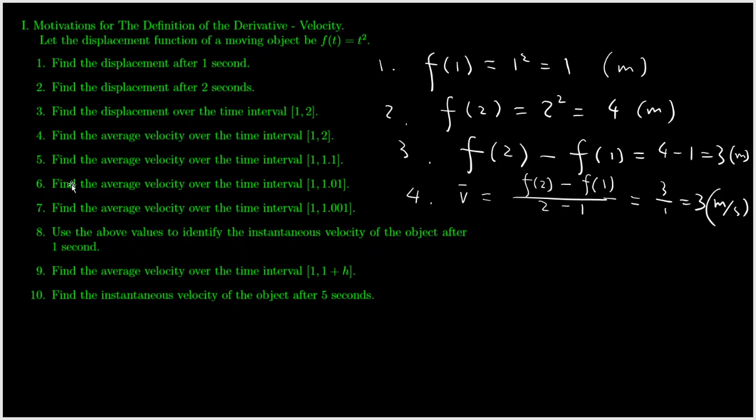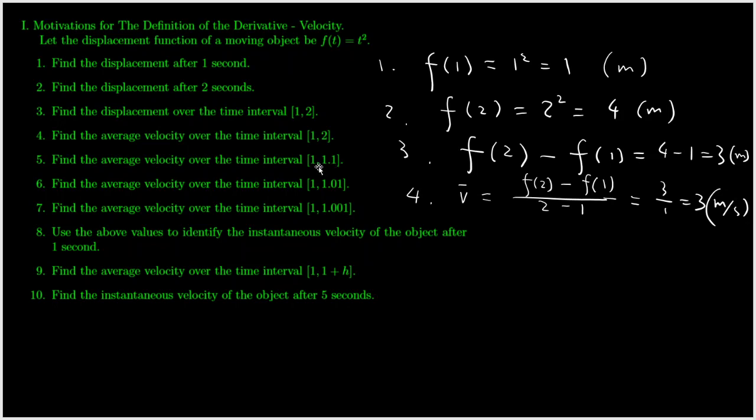Okay, for all the questions 5, 6, 7, I want you to observe the change of the time interval. You see in question 4, the length of the time interval, the time elapsed, is 1 second. In question 5, do you see the time interval is getting shorter and shorter?